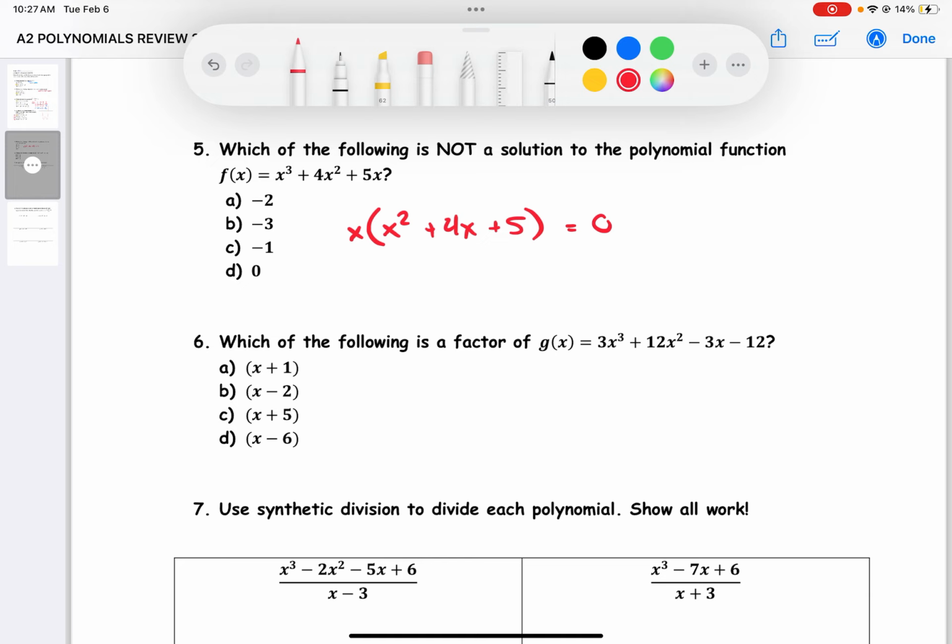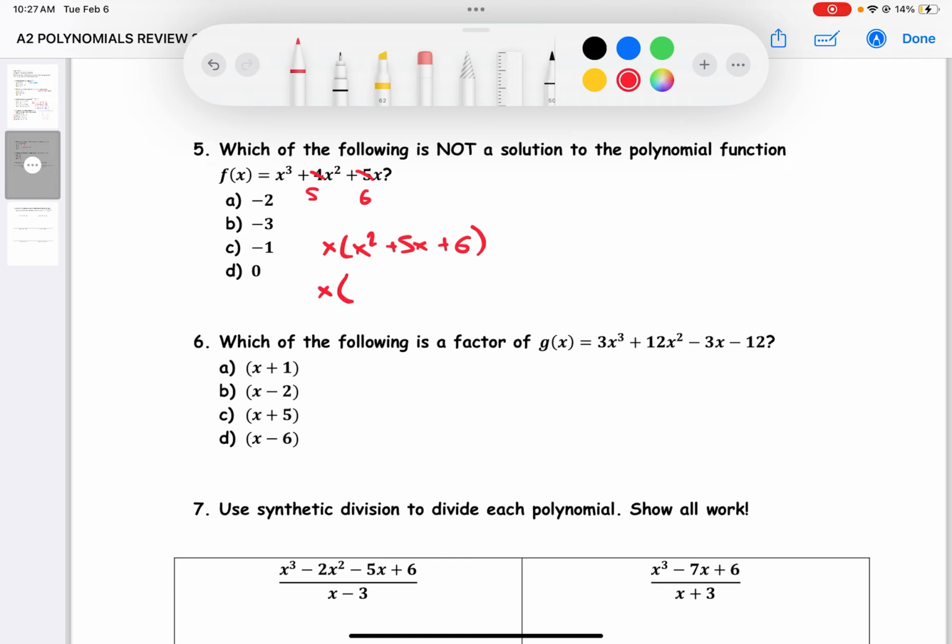That's a trinomial, right? Oh, sorry, I forgot that I had to change this question. That's a 6. And no, that's a 5. And that's a 6. There we go. So you got x times x squared plus 5x plus 6.